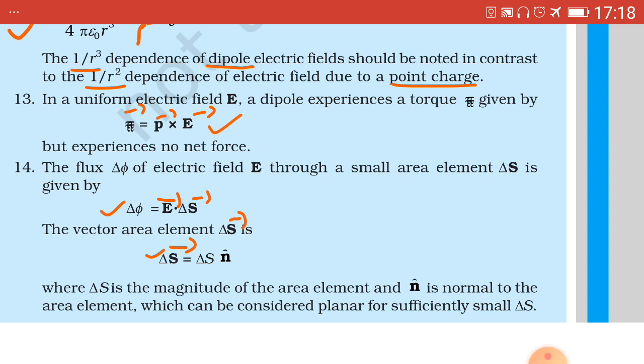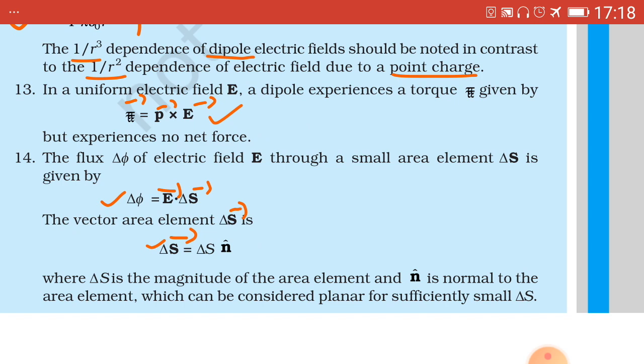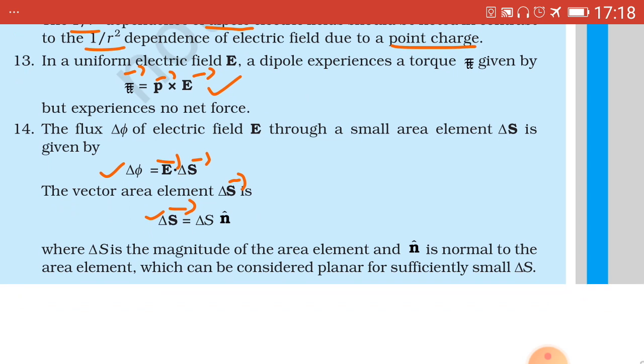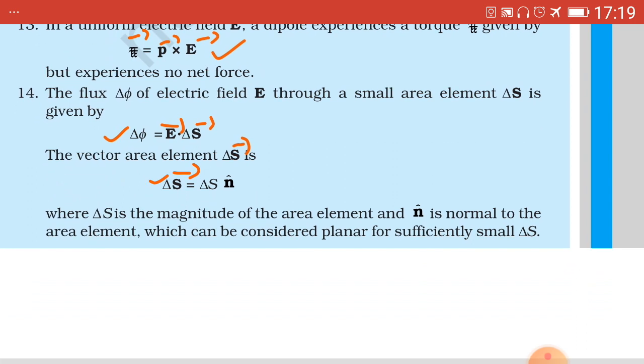Then point number 14, electric flux delta phi given by delta phi equal to vector E dot delta S vector, and delta S, that is area element, which is a vector quantity, equal to delta S into n hat.